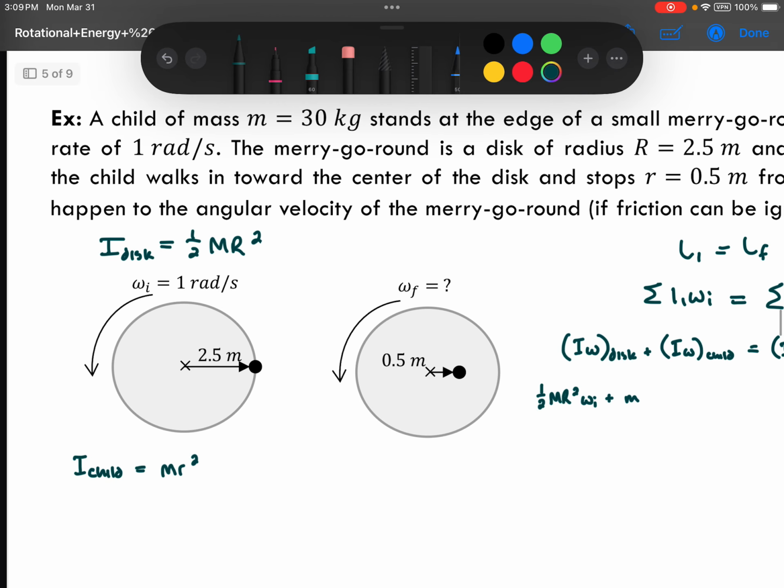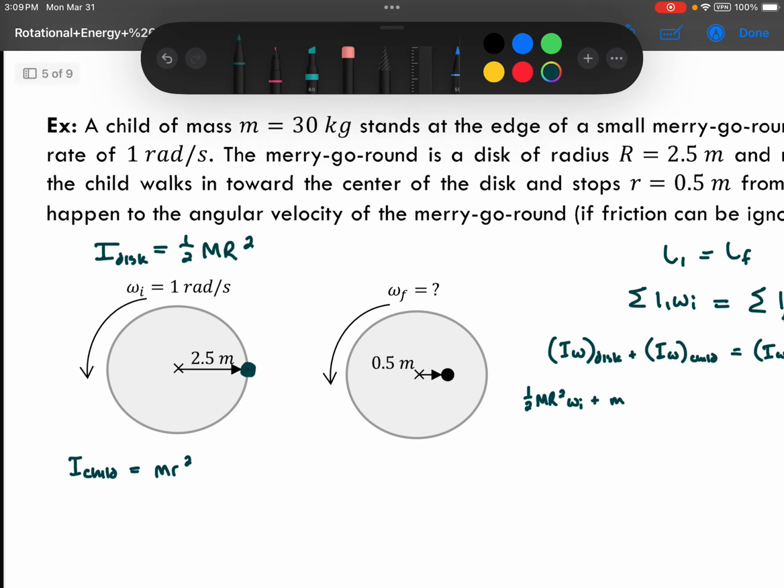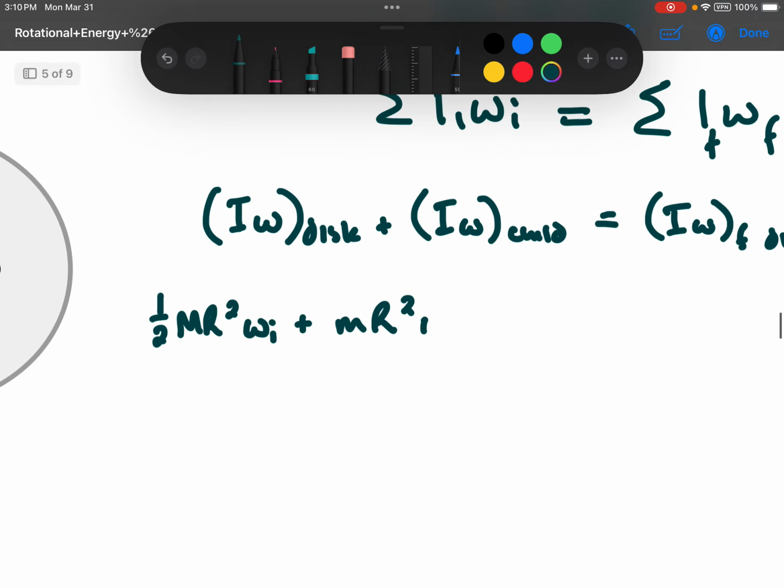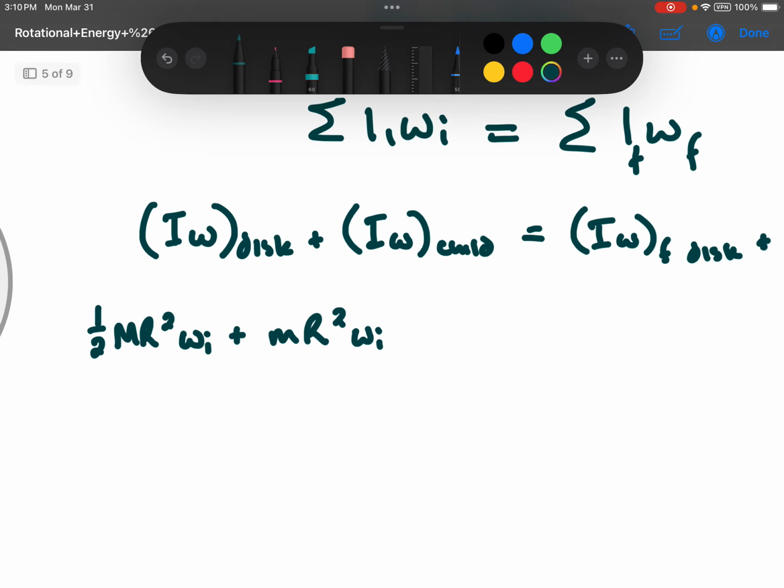Initially the child was at the same distance from the axis of rotation as the merry-go-round's radius, so we can use the same capital R here for the child's initial position. So big R squared times the initial angular velocity. That's what's going on before the child moves.